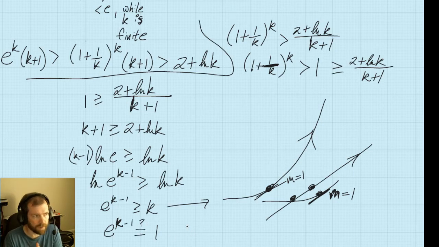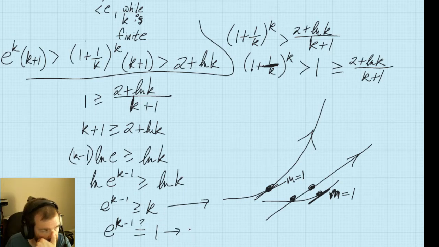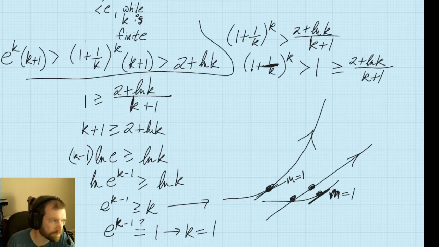Alright, so where does the derivative of this function have a slope of 1? And that value here, you take the natural log of both sides, it's 0 over here, so that's going to be k equals 1. Okay, makes sense. So k equals 1.